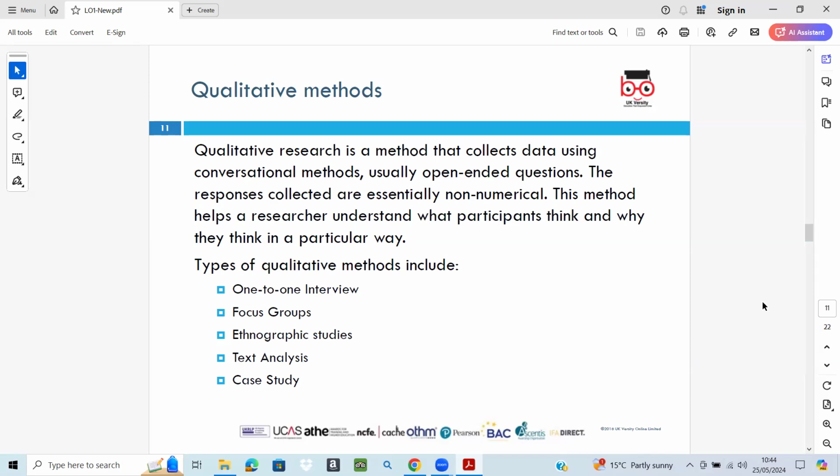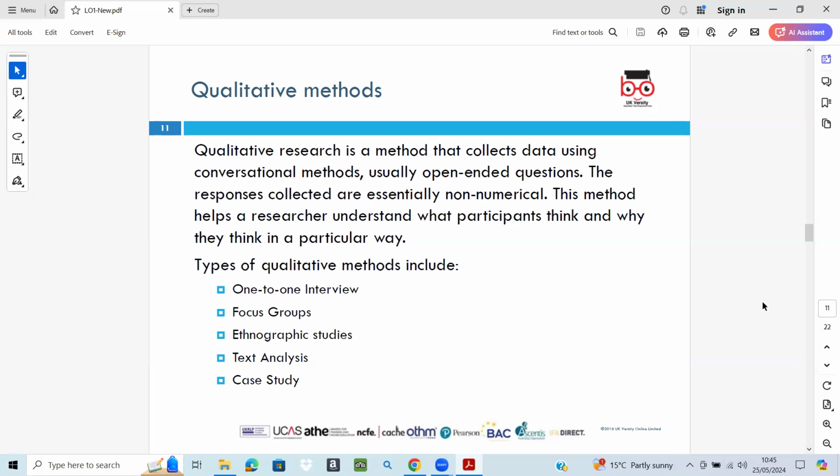To make it easy, qualitative comes from quality. If we discuss any quality, then we have to express it in feelings, emotions, or verbal or non-verbal communication, things like that. So it's a quality. We will write more about it to make it easier for you.